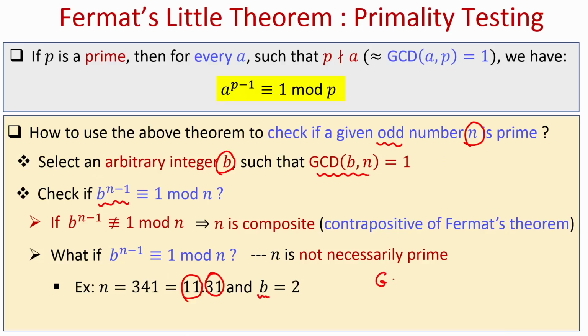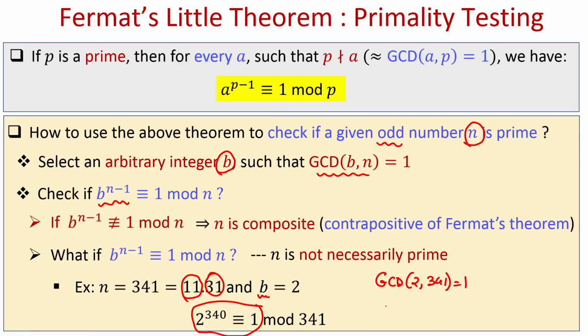Indeed GCD of 2 and 341 is 1, and it also turns out that for the b that you have chosen, b to the power n minus 1 is indeed congruent to 1 modulo the same n. So, even though the condition of Fermat's little theorem is true, you can't declare your n to be prime, because the value 341 is indeed composite.